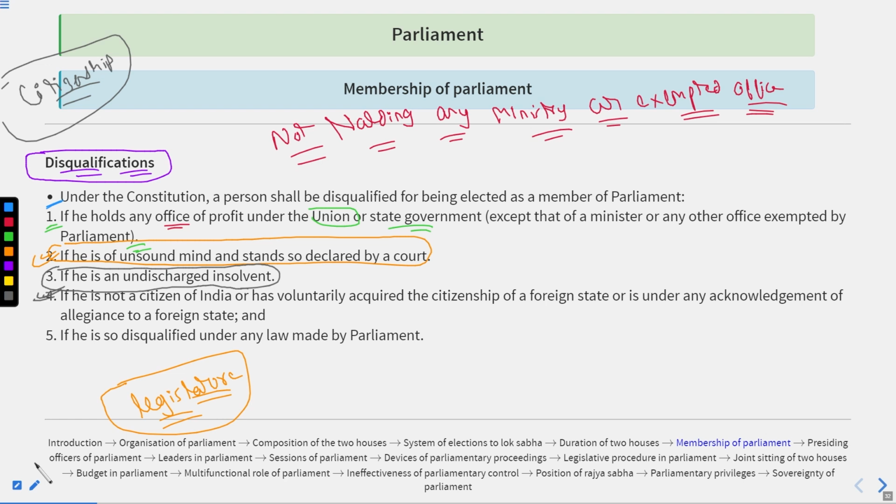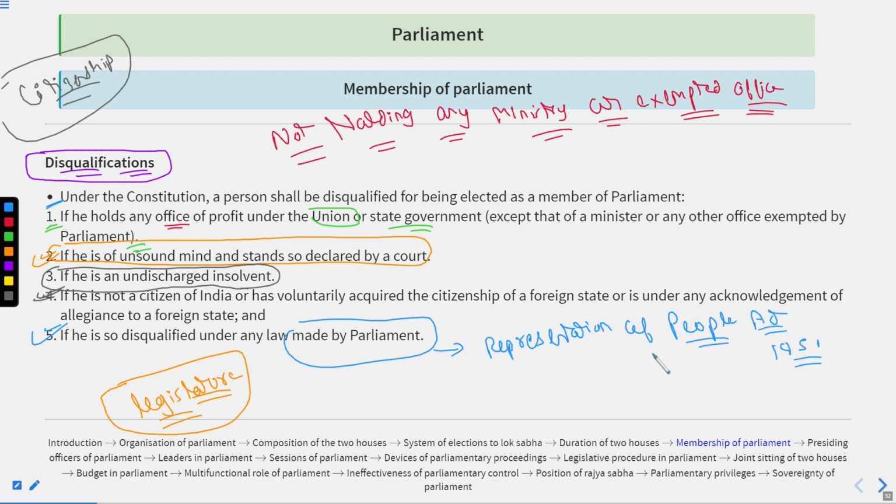Why? Because it is not allowed. Besides this, if he is so disqualified under any law made by the parliament, like the provisions of the Representation of the People Act 1951. Okay, so these are certain grounds on which a person can be disqualified as a member of parliament.